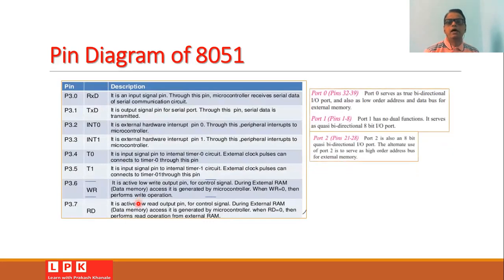Also, pins 32 to 39 are used for port 0, which can serve as a bidirectional IO port. Pins 1 to 8 are used for port 1, which is a quasi-bidirectional 8-bit IO port. And pins 21 to 28 are used for port 2, which is also an 8-bit quasi-bidirectional IO port.